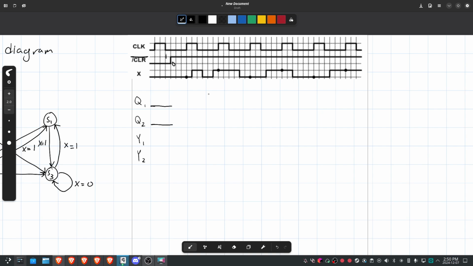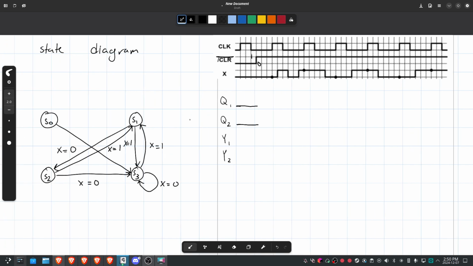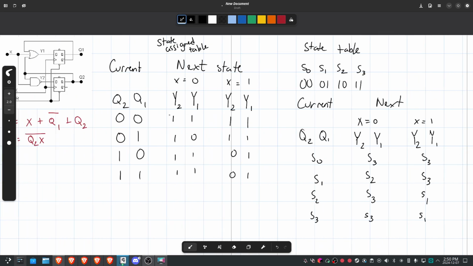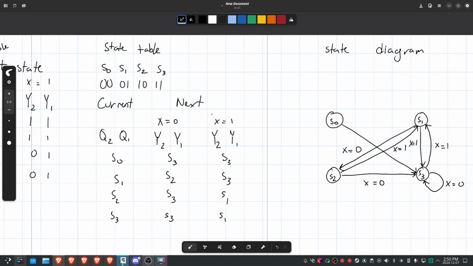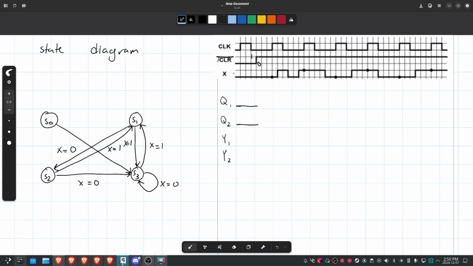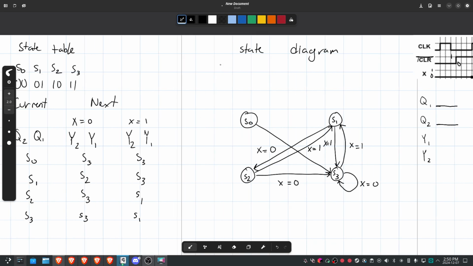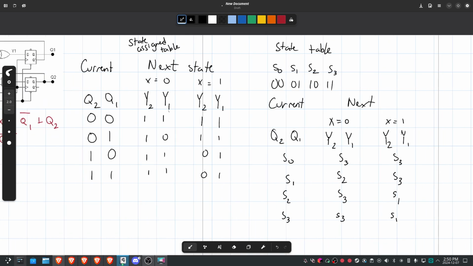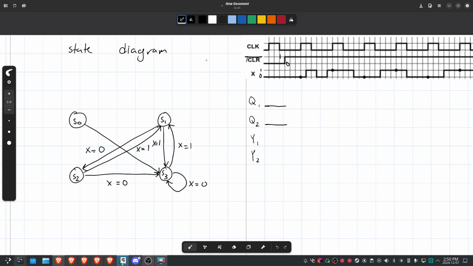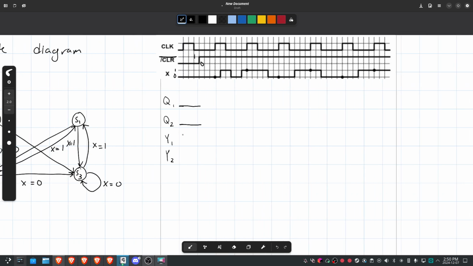Now, if Q1 is 0 and Q2 is 0, what is Y1 and Y2? You can look over here. Our X is 0, so they're both going to be 1. So for this length, Y1 and Y2 are going to be 1. Now nothing's going to change because, once again, clear is on.